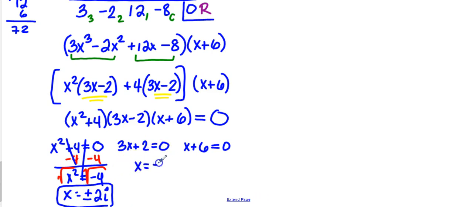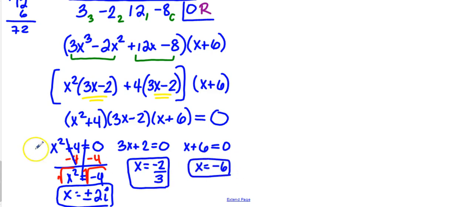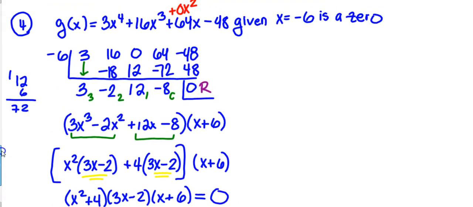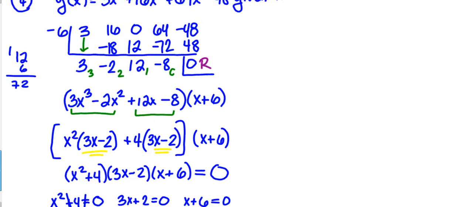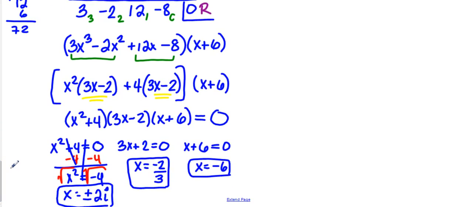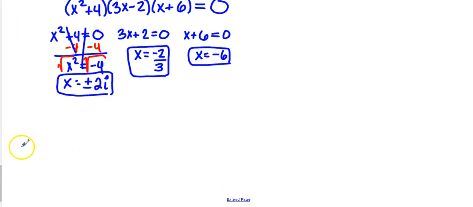Divide by 3, we get 2/3. And here results in x equals negative 6, which we knew from the beginning. The original polynomial was degree 4. So how many zeros should we have? We should have 4. 1, 2, 3, 4. You know we're done. Very good.